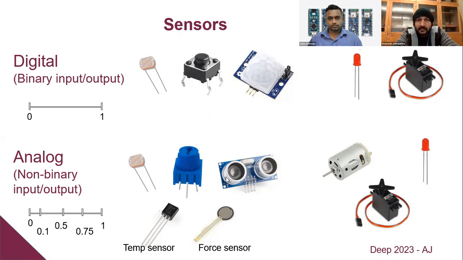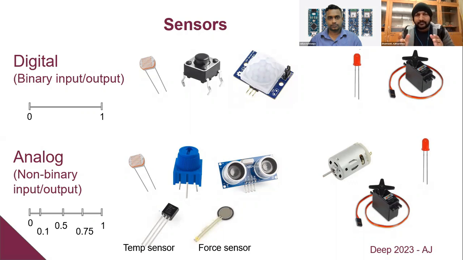We have two main things when it comes to electronics and Arduino: sensors and actuators. Sensors grab something from the environment and put out data. Actuators do completely the opposite.